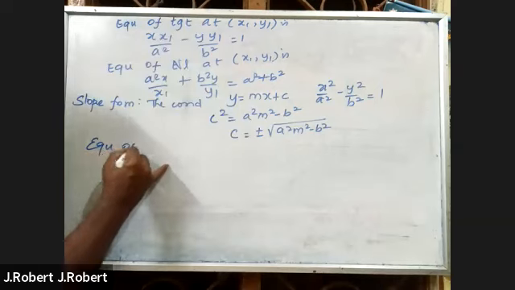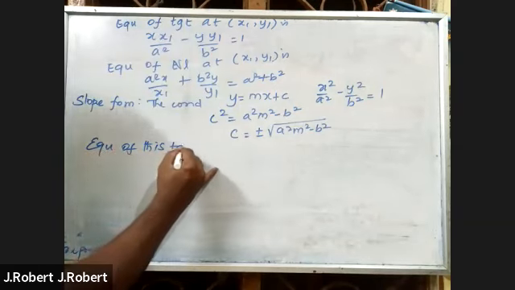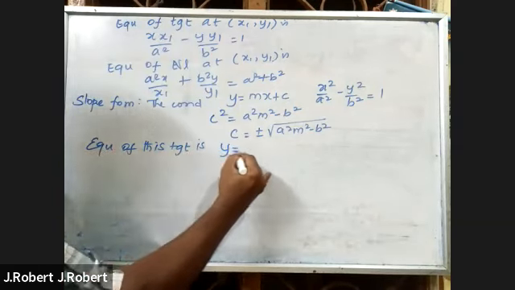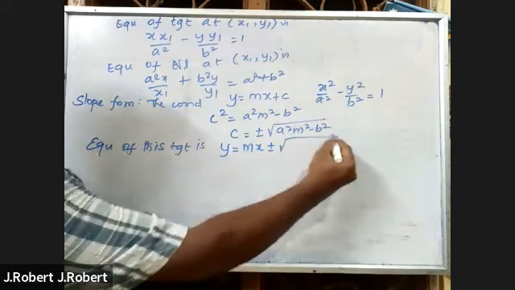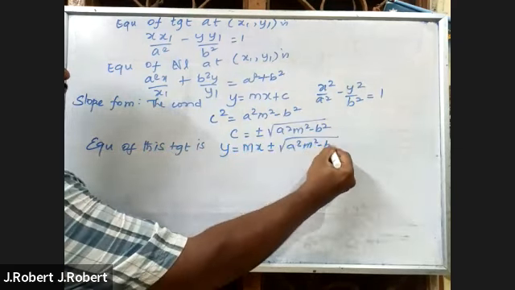Equation of this tangent is y is equals to mx plus or minus root of a square m square minus b square.